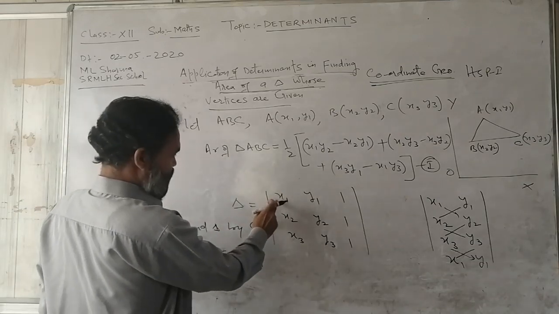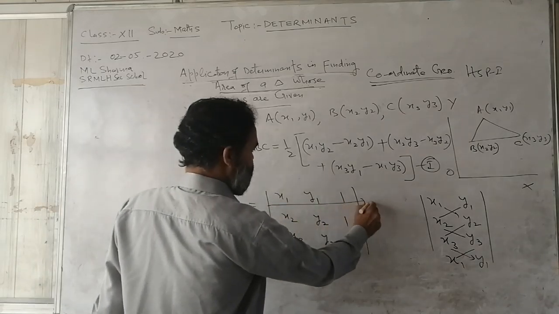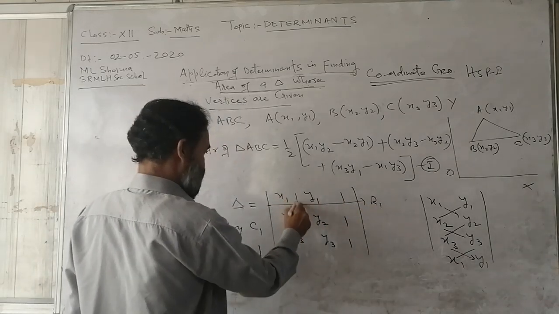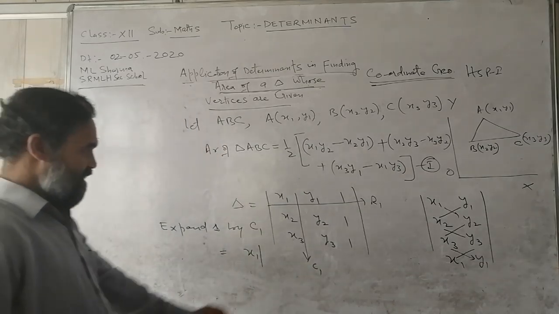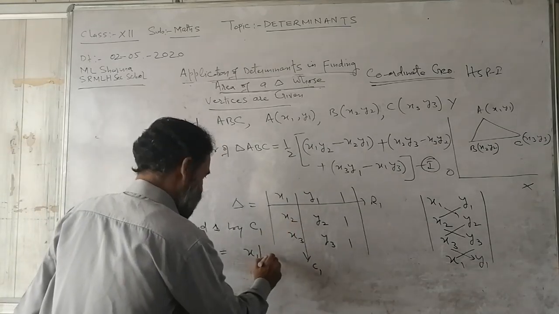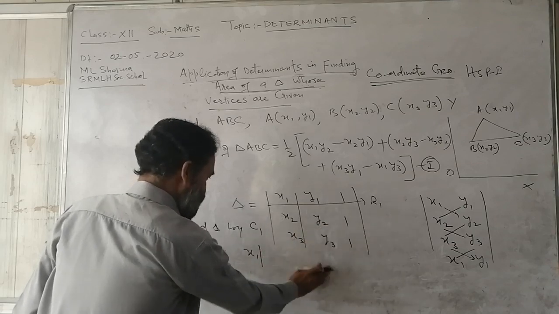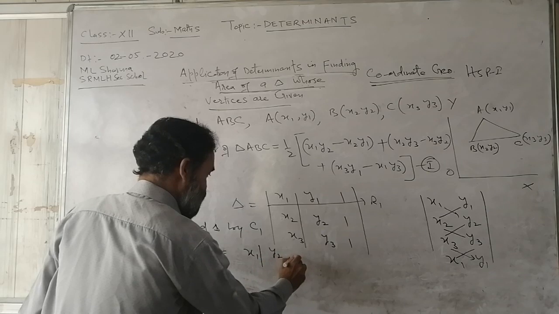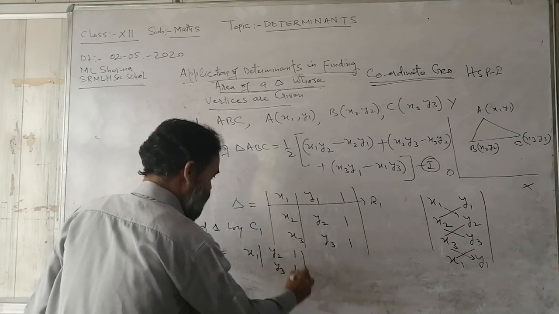and if I delete this row r1 and this column C1, I am left with the elements y2 1, y3 1.